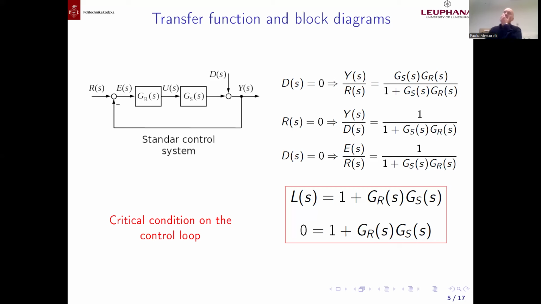Do you remember, when I introduced the Laplace transform of an exponential function, if the exponent is positive, I have a transfer function with a pole with positive real part. In this sense, stability is guaranteed if all poles have a negative real part. Do you remember I told you this introducing the Laplace transform?